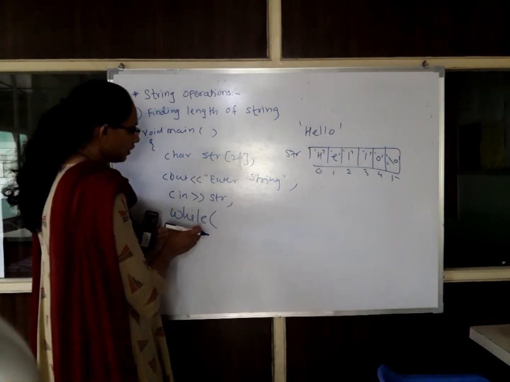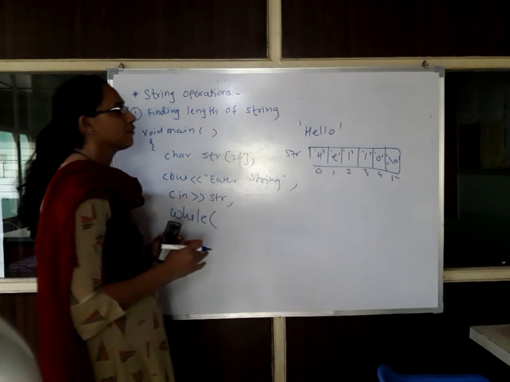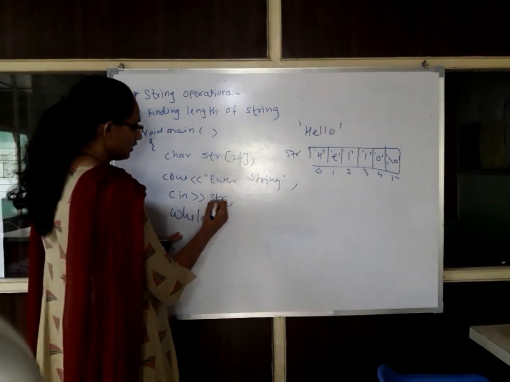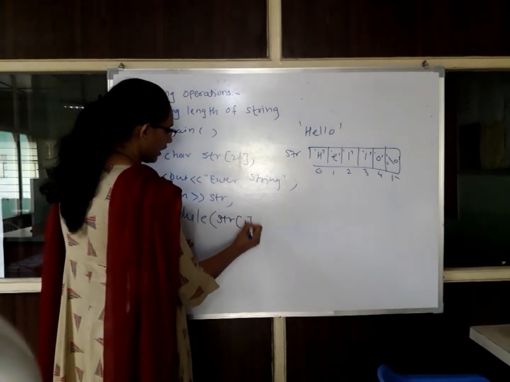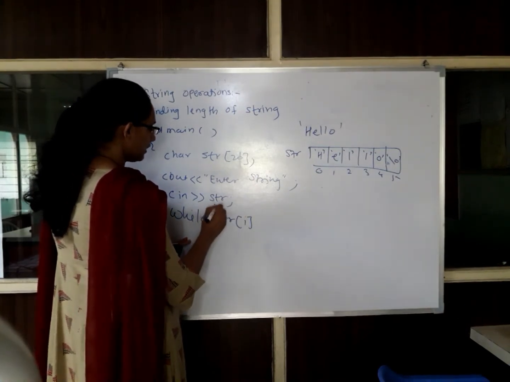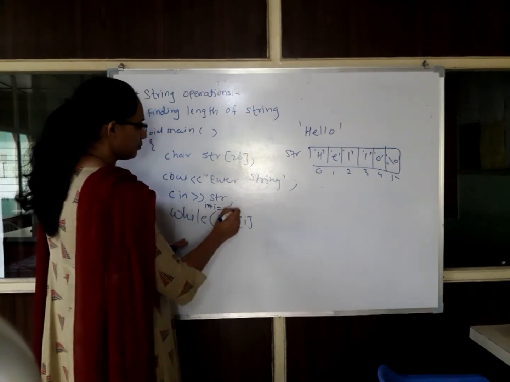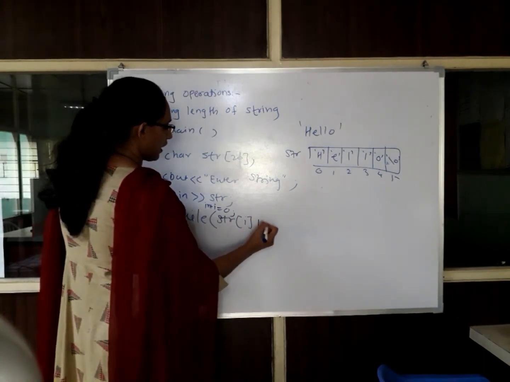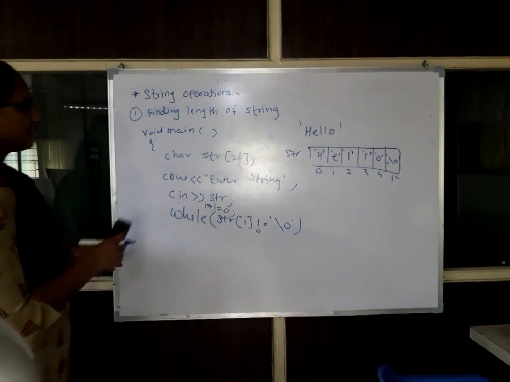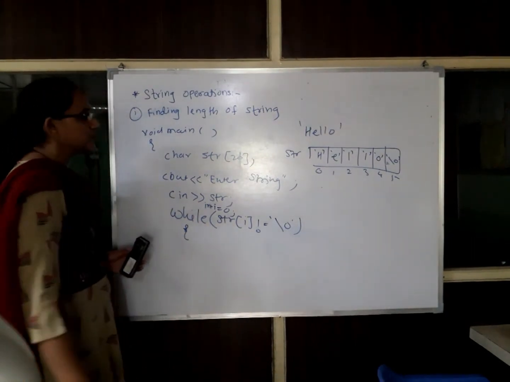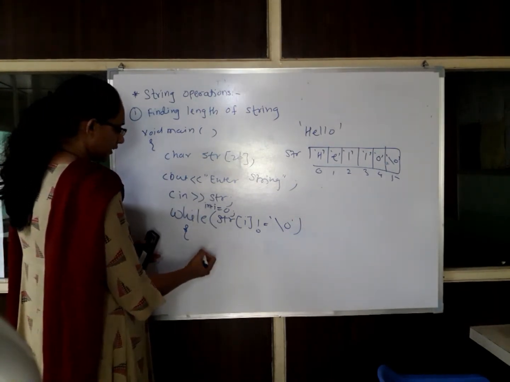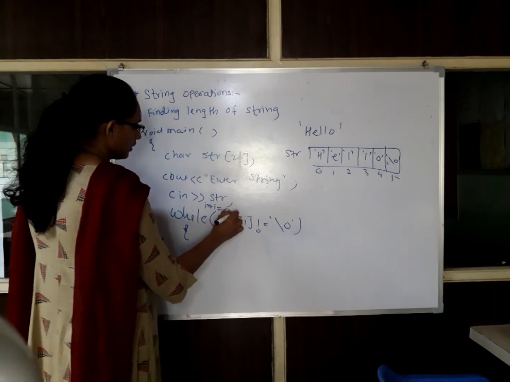Here we do not know up to what point we have to execute the statements, so we are using a while loop, then take str of I. Now what should be the value of I here? I should be 0. It should start from 0. So while str of I is not equal to null, what do we have to do? Take one counter variable, suppose count.